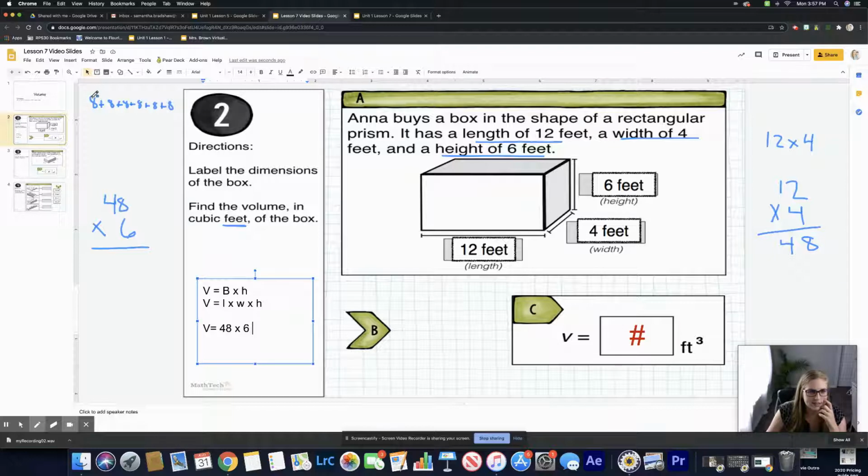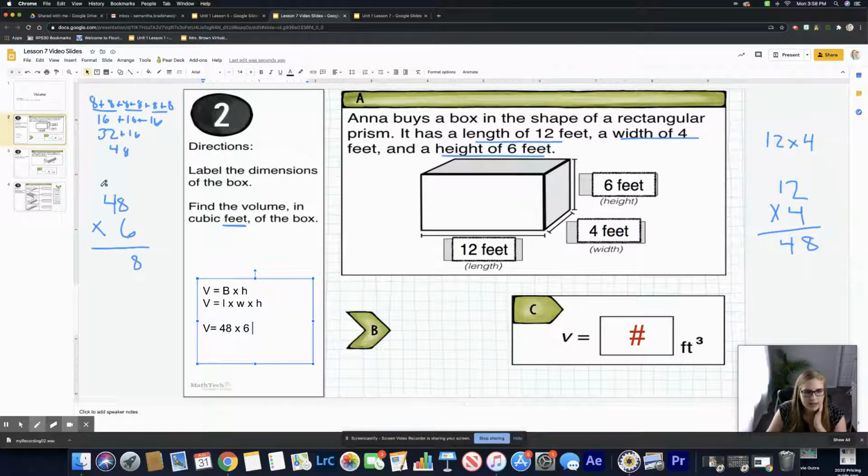I should have 6 there. 1, 2, 3, 4, 5, 6. So 8 plus 8 is 16, plus 16, plus 16. Then I have 32 plus 16. And when I add 32 plus 16, I get 48. So 6 times 8 is 48.